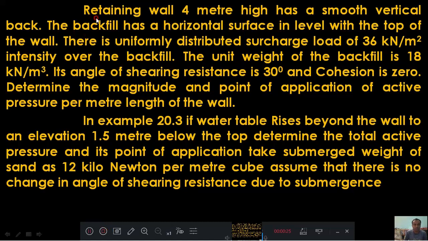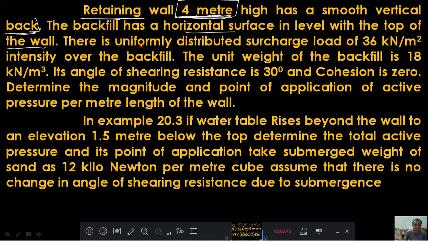Look here: the retaining wall is 4 meters high with a smooth vertical back. The backfill has a horizontal surface, level with the top of the wall.